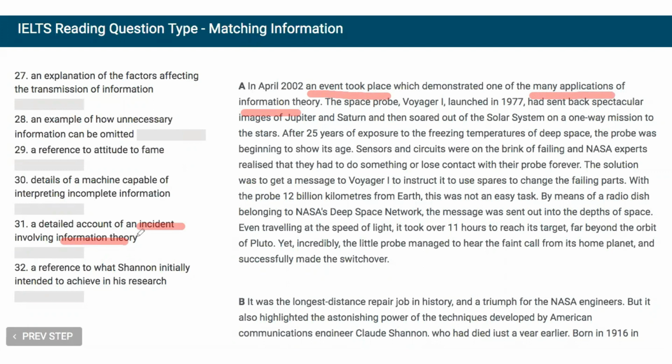And if you recall, another way to say incident, what did we say, was a happening or an event. And so just based on this sentence alone, I would be very confident that a detailed account of an incident involving information theory is included in paragraph A. So I would provisionally write 31 as A.